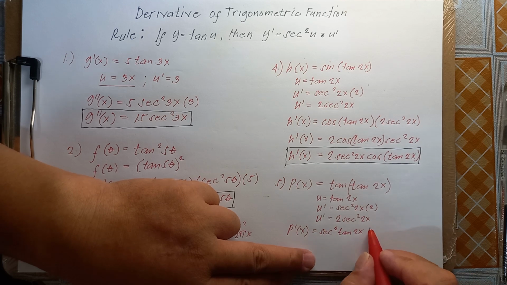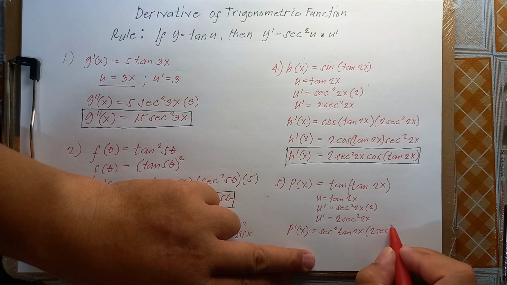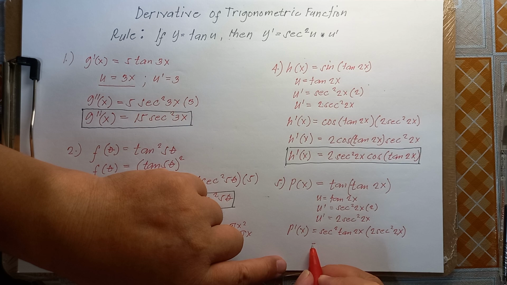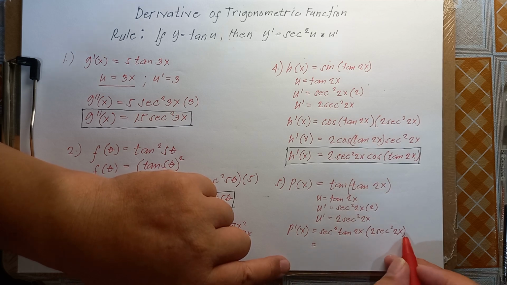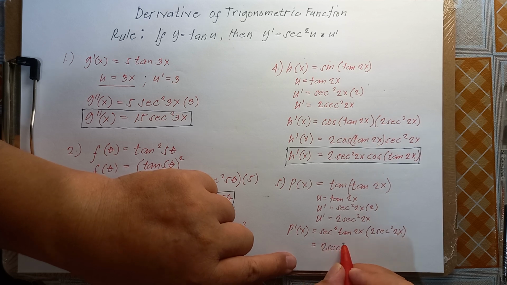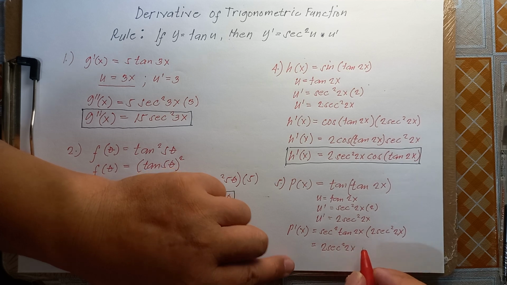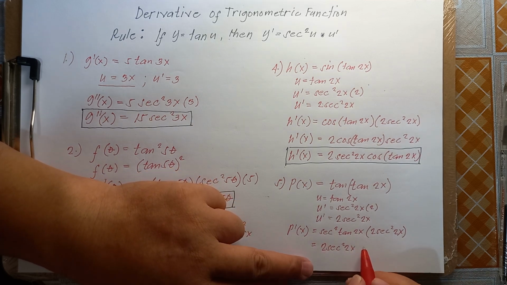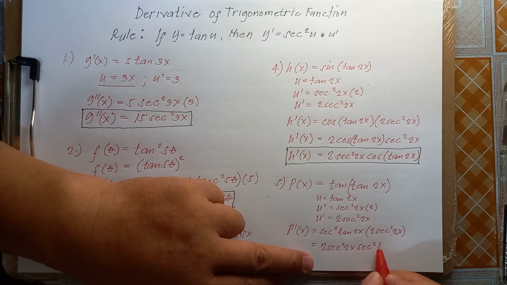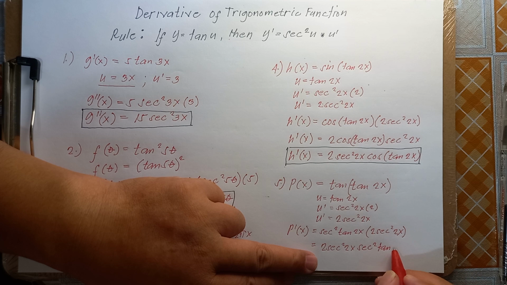That is 2 secant squared 2x. So for our final answer, we bring this in front: 2 secant squared 2x, multiplied by secant squared of tangent 2x.